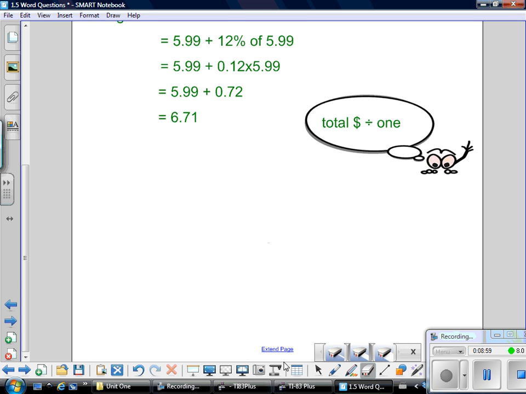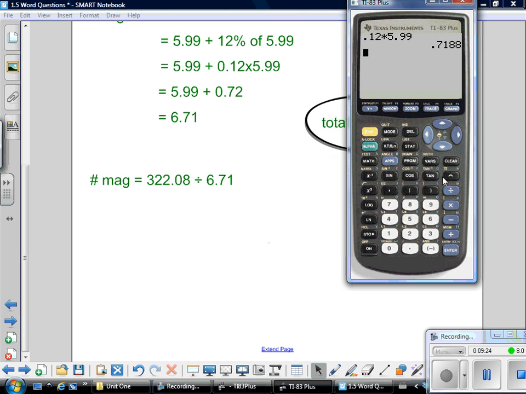So let's try that. So we're going to find out the number of magazines. So the number of magazines, and I just use mag for short, is the $322.08. I'm going to divide it by how much one magazine costs with tax, which is the $6.71. Now again, I bring up my calculator.